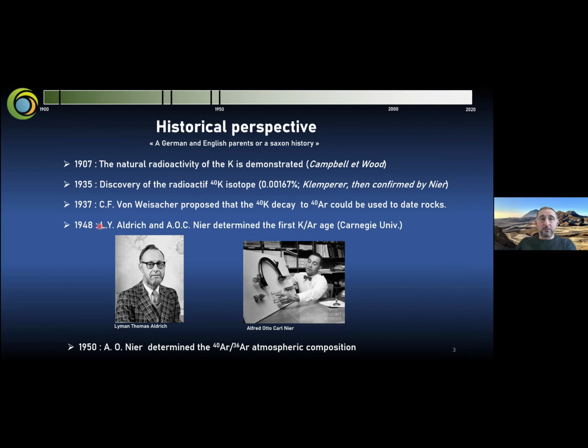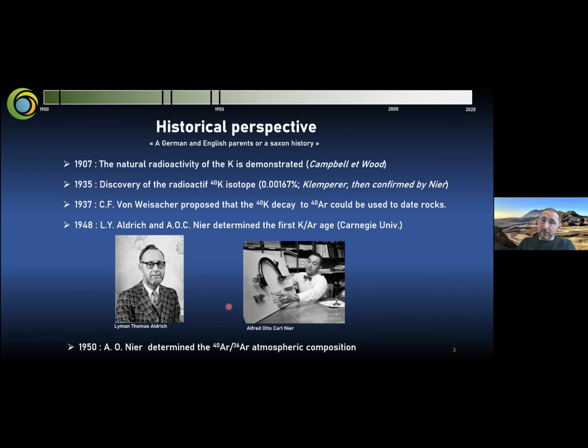Just after the Second World War, Nier determined the first potassium-argon ages at the University of Cambridge. This is a picture of these two amazing guys who changed our life and the way geology has been made.